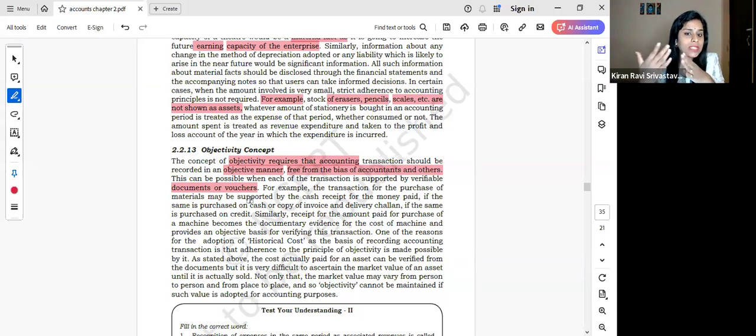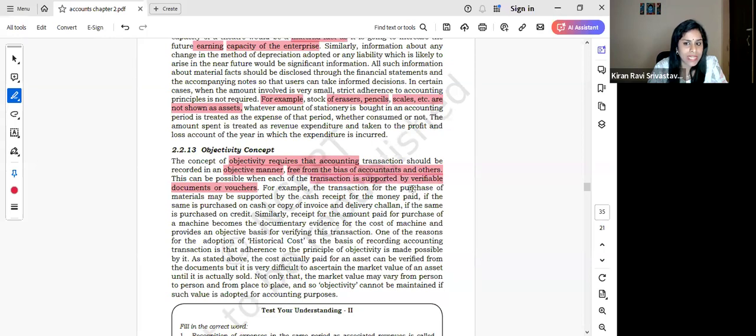Now, here the concept of objectivity is violated because he is not reporting the correct information. The accountant is getting biased by the information given by the sales manager. So it is told that each and every transaction should be supported by verifiable documents. Whatever is recorded in the books of accounts should be supported by documents or vouchers.